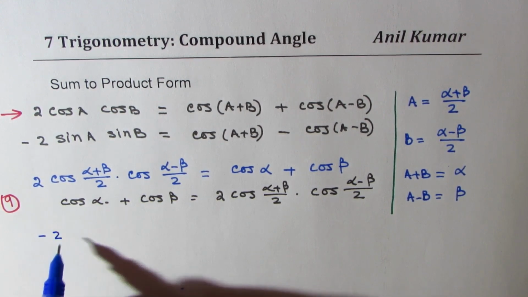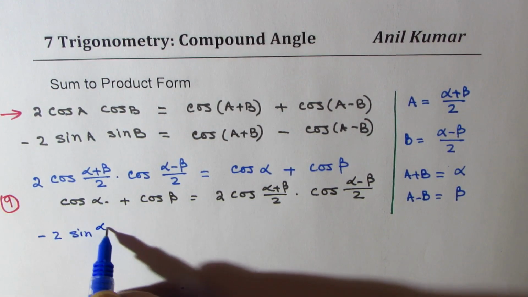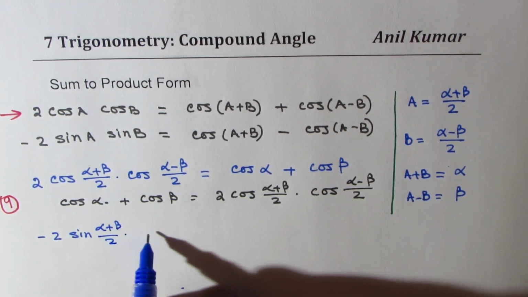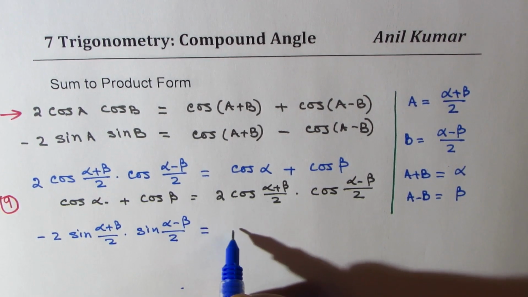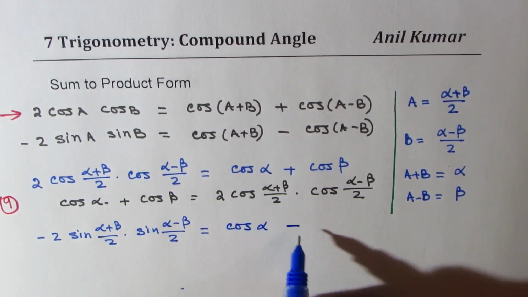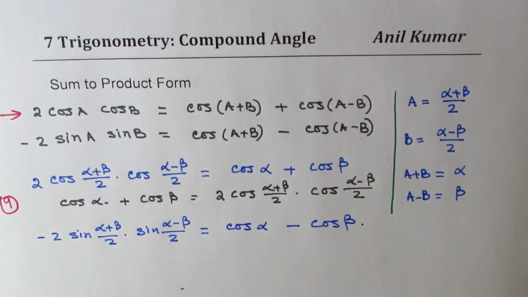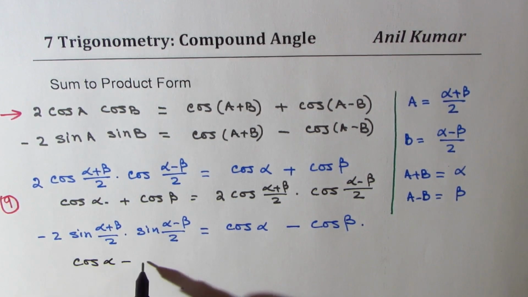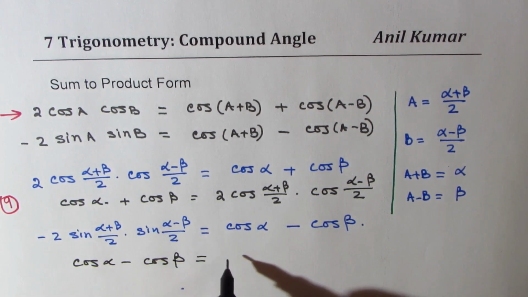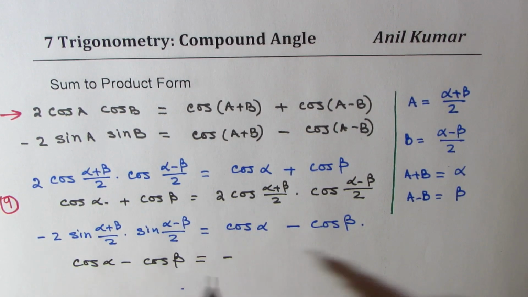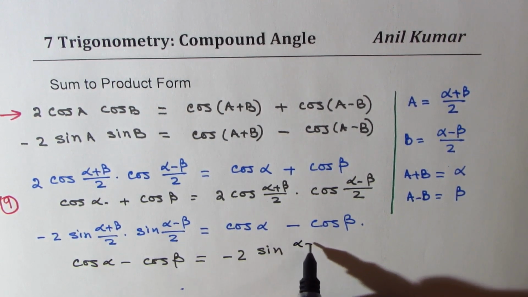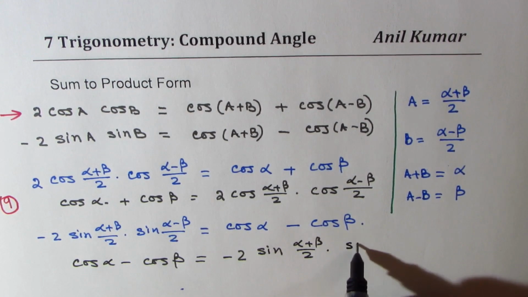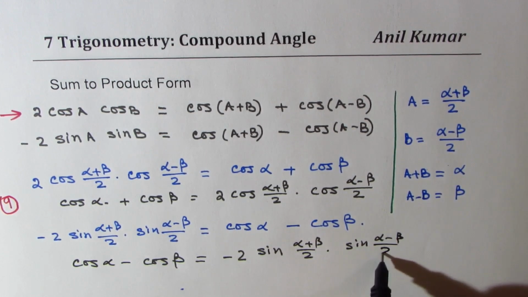So we get minus twice sine of (alpha plus beta) by 2 times sine of (alpha minus beta) by 2, and that should be equal to cos alpha minus cos beta. So the difference of cosines can be calculated from the product.